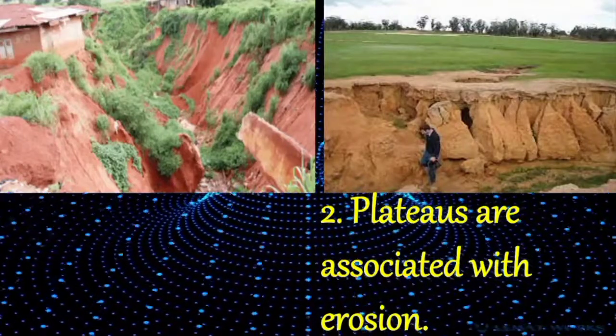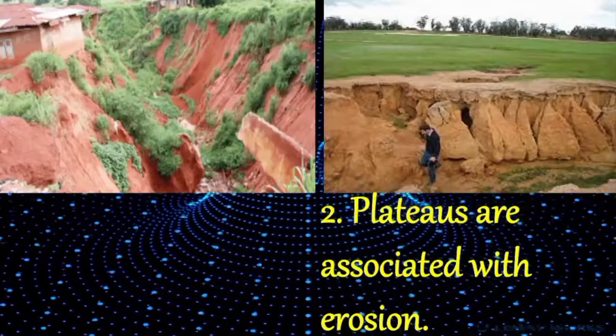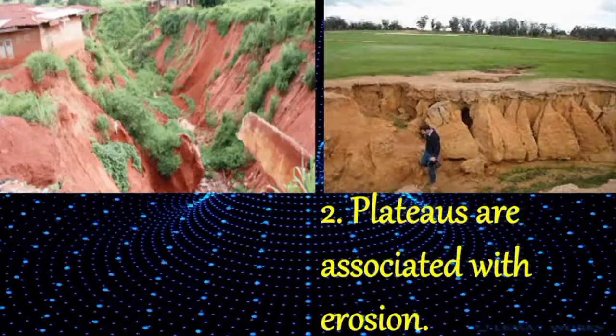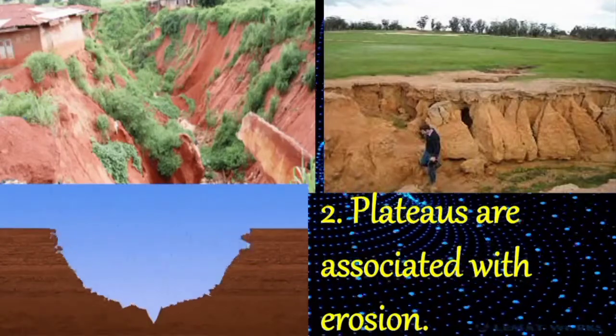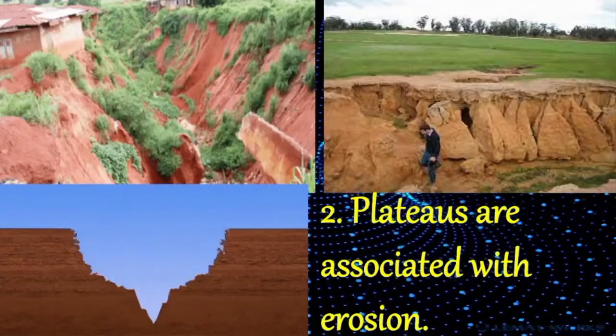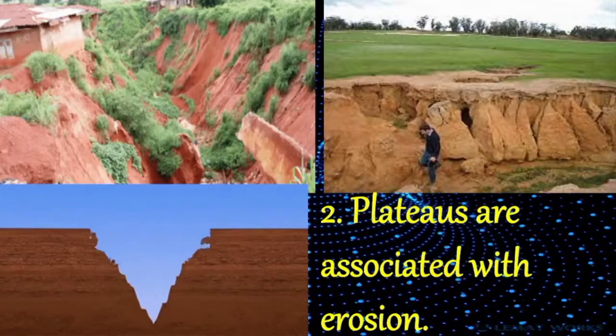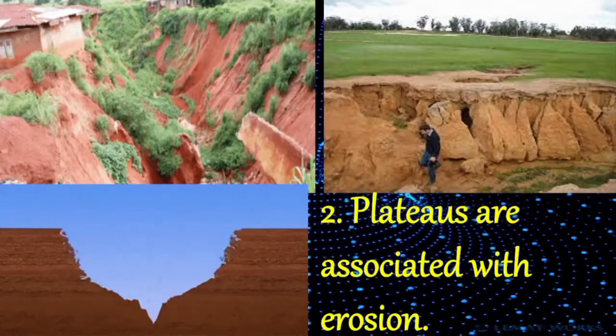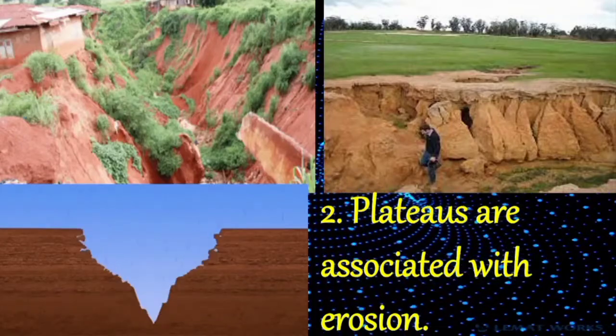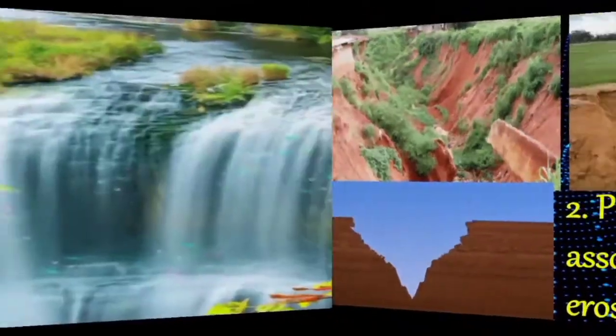So you gather that areas where you have plateau usually have high erosional activities. From your screen, you can see how it cuts down the soils because of what? The force or the pressure with which the water flows down.